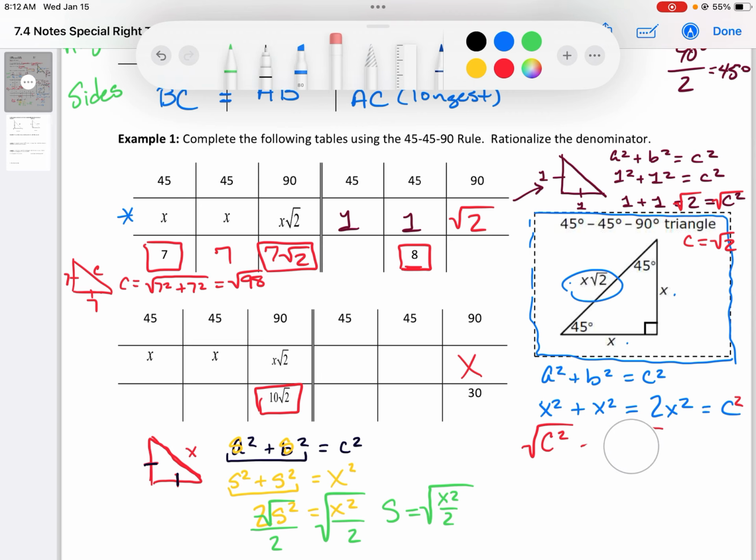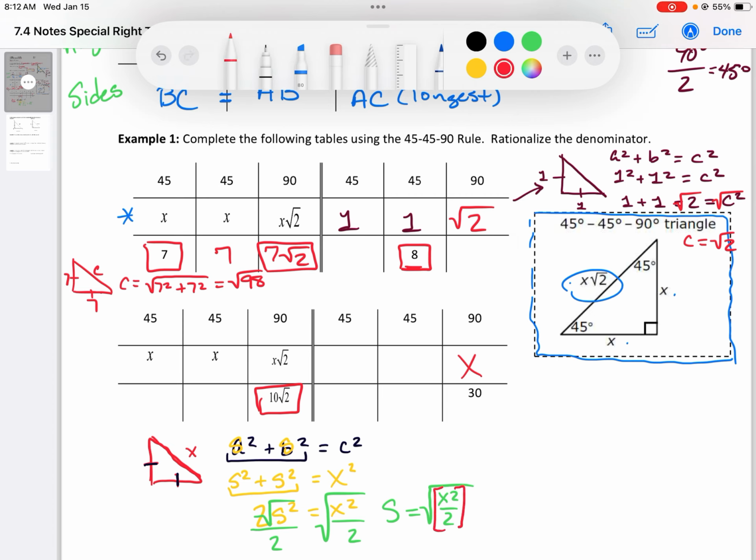The first rule that it breaks is that we cannot leave our radicand, this part, as a fraction. So the first thing we would do is rewrite it like this.